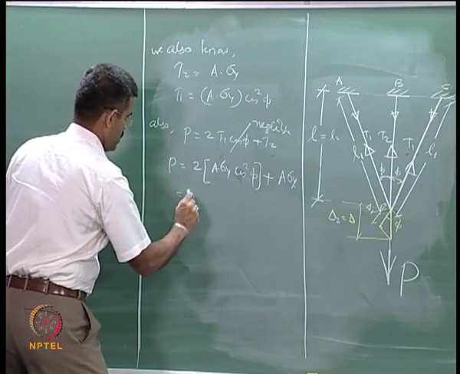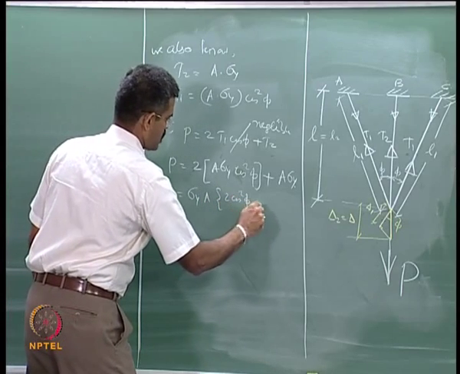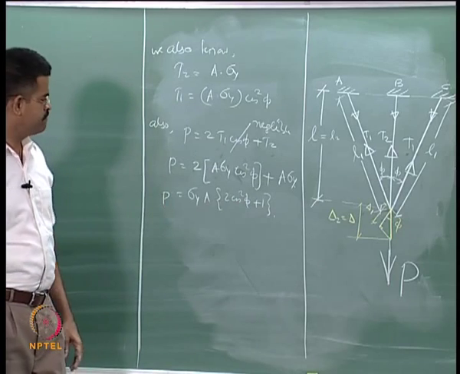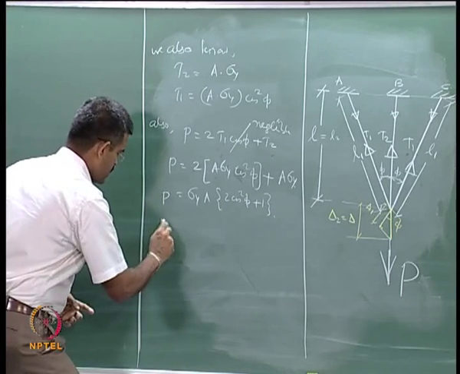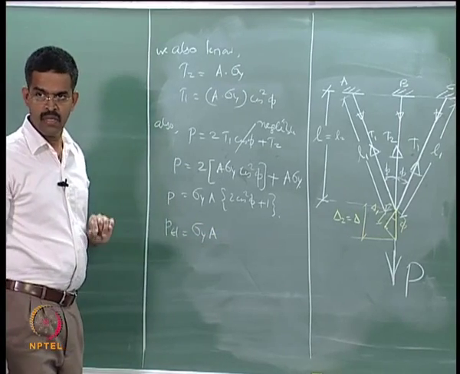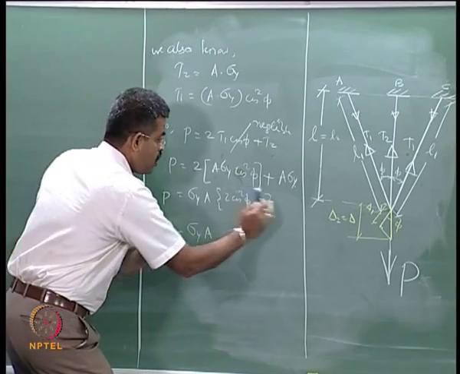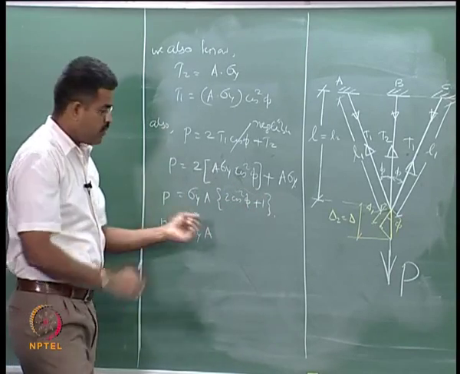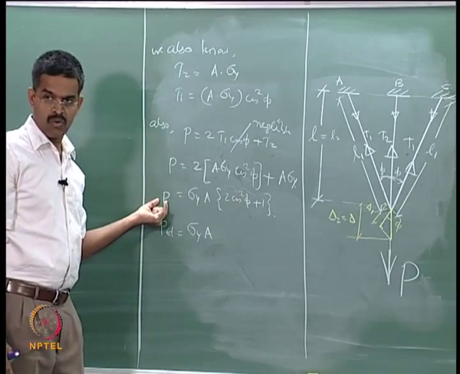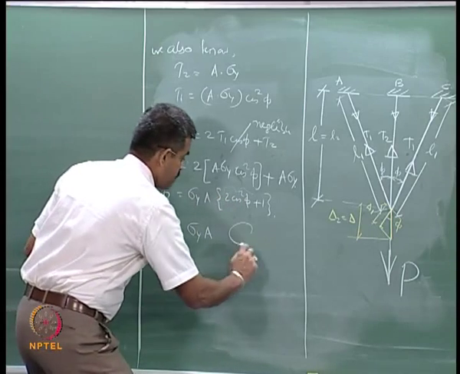I can say sigma y A (2 cos square phi plus 1) is P. We already know P elastic is sigma y of A. But this equation is not P elastic, because this equation has got one value added to this, is it not? For a very small value of phi, you can practically see that this P, or the load carrying capacity, will be 3 times of elastic, is it not? That is the gain.